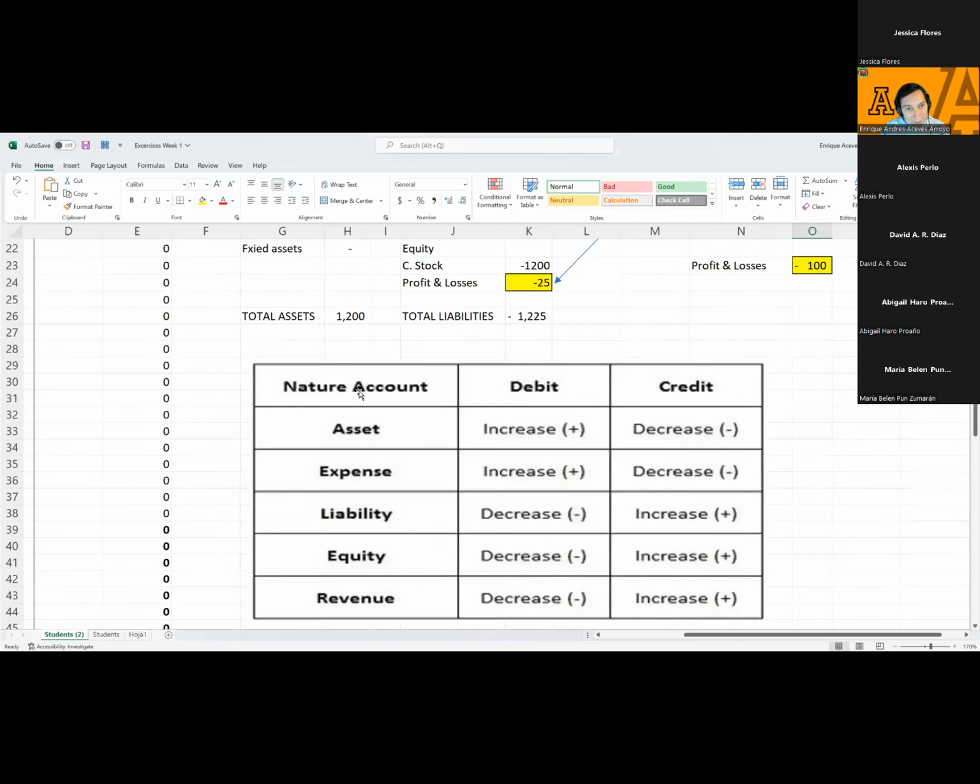That's why, in the nature of accounts, you will see revenues increase with credits. The same with equity: equity increases with credits, and liabilities increase with credits.